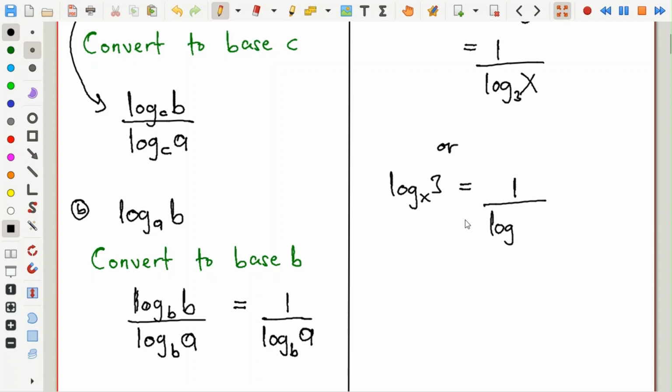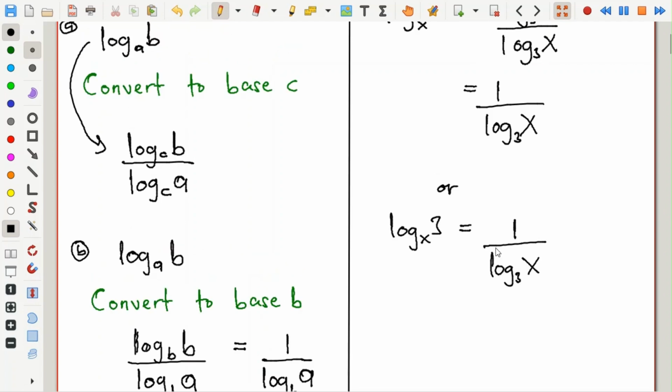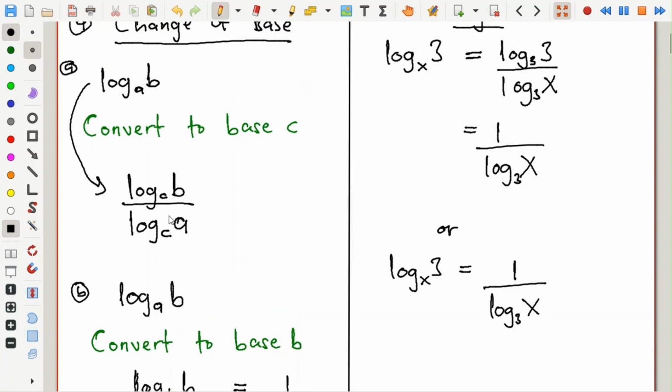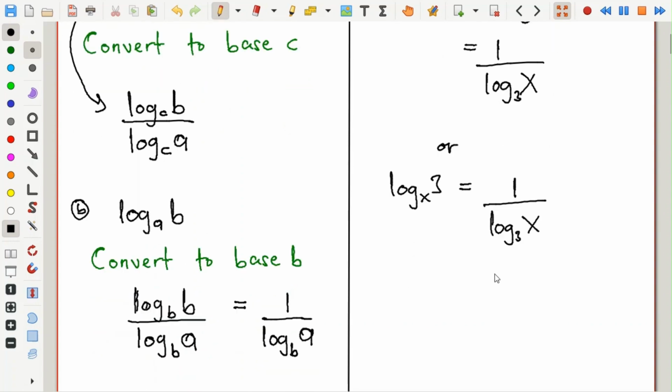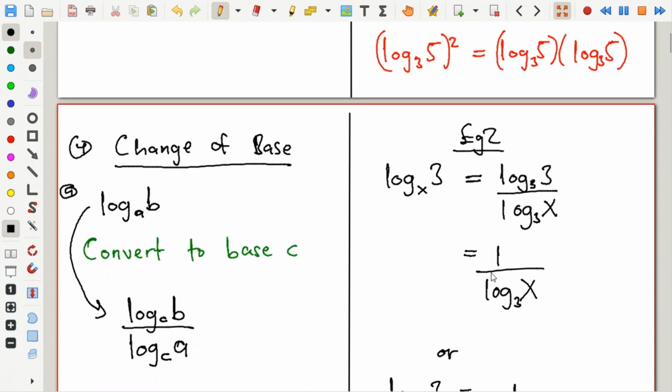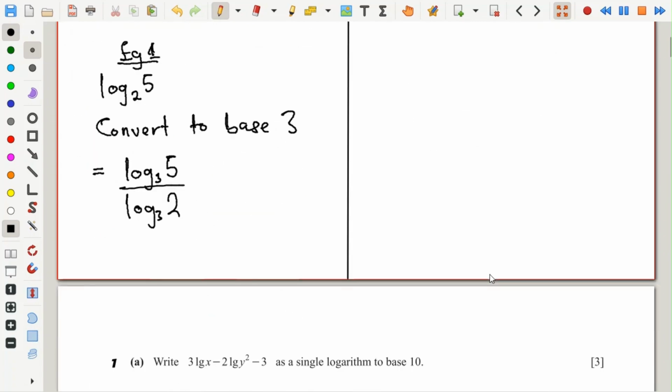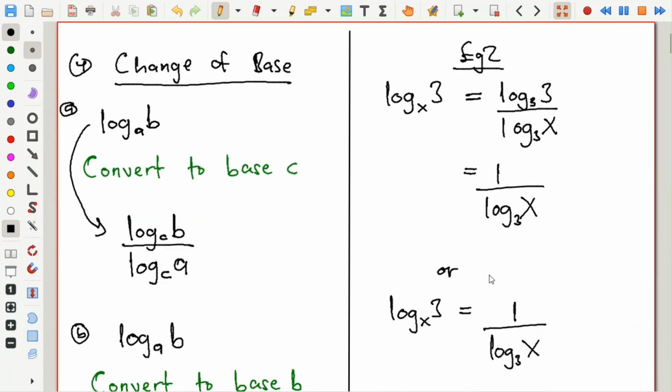So the base becomes 3 and your argument becomes x. So this only holds if the argument is what you are converting to. But generally, this is the formula. So let's move on with more properties.